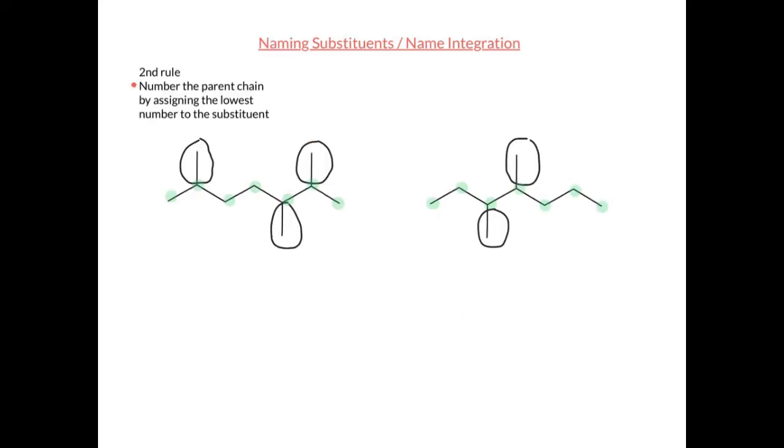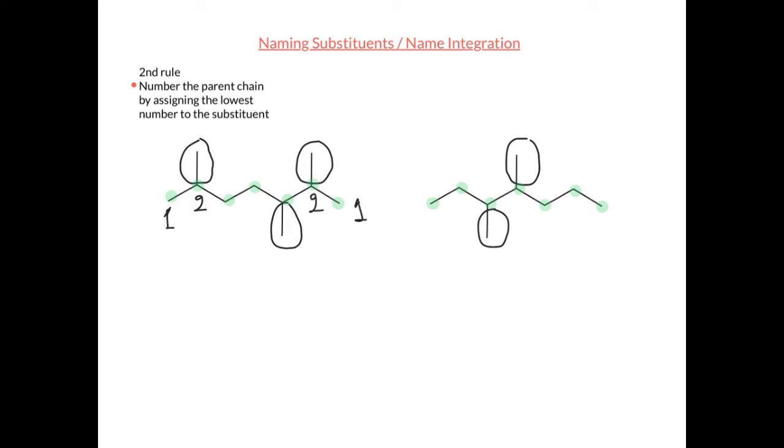Let's go now to the next example. Let's start from the left compound, where we have substitution with three methyl groups. Here I want to remind you that we have to number the parent chain by assigning the lowest number to the substituent. But we see that if we start from the left and we give it number 1, number 2 is going to be the methyl. But the same will happen if I start from the right.